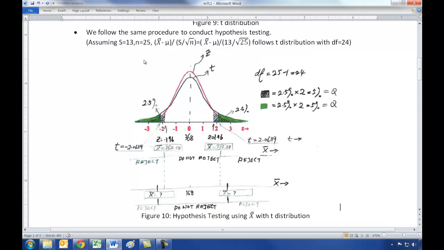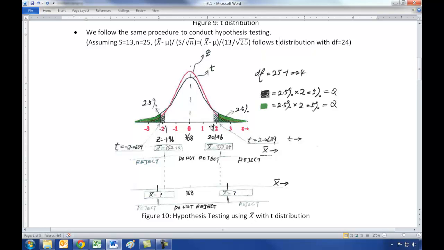So once we understand the reason why the T distribution was introduced, then to conduct hypothesis testing using T distribution follows the exact same procedure as applying the Z distribution.